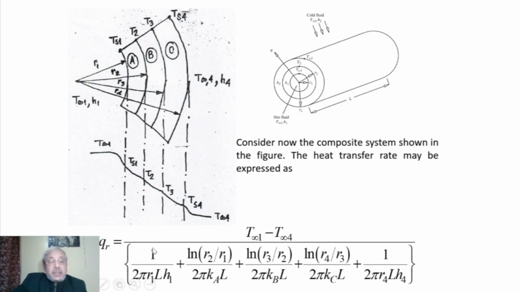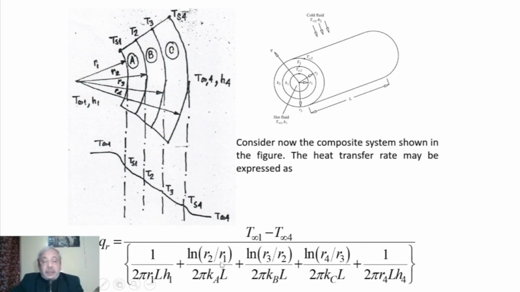Now, convection resistance, in the last class we have already learned about it, 1 by A1 h1. And what is A1? A1 means area 1, which here is twice pi R1 L into h1. And now conduction resistance in radial geometry, for material A, we can write ln R2 by R1 divided by twice pi Ka into L.